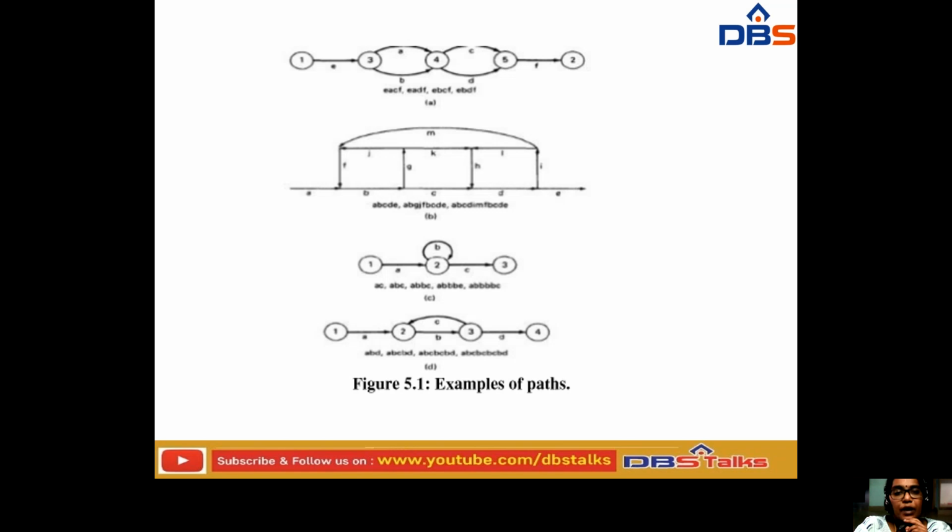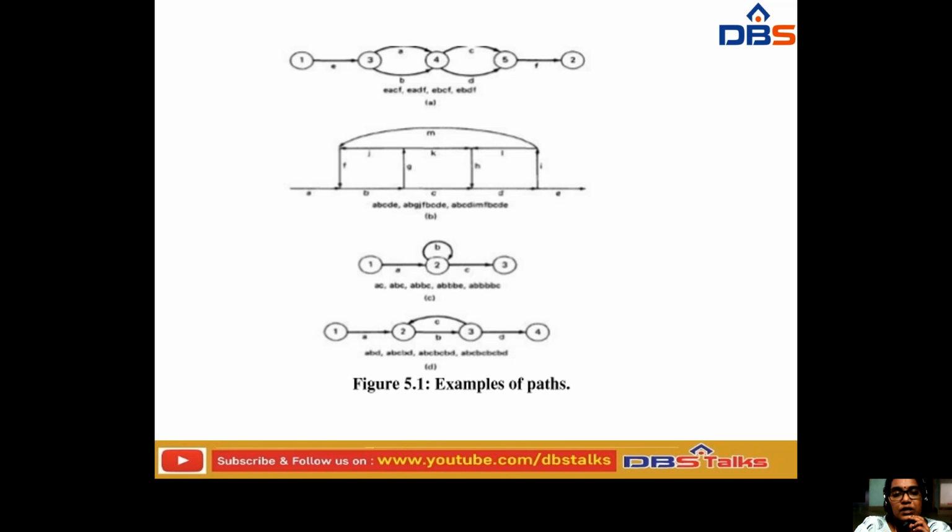If there is a path from 1 to 2, then we write it like E, A, C, F, and the next path is E, B, D, F. In this figure, the example for this path is A, F, I, A, B, D, E. From where to where we traverse, from that we take that link.